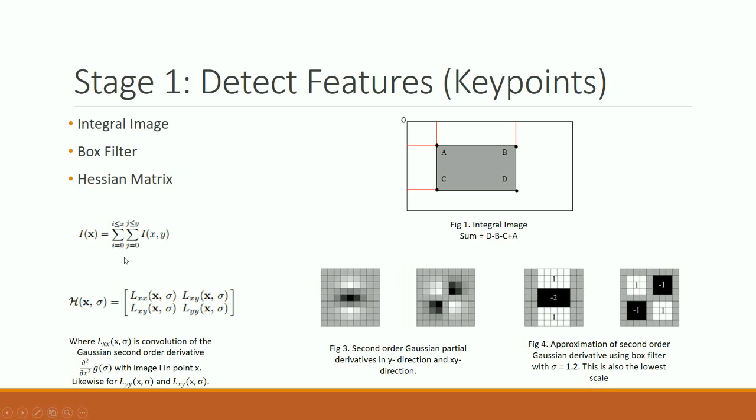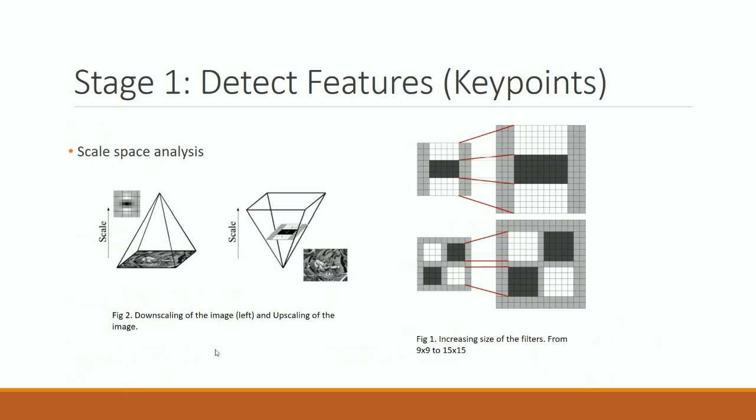This is a formula to calculate the value from the integral image, as we said. And this is a Hessian matrix, where L sub xx is the convolution of the Gaussian second order derivative with the image at point x. So with the help of the integral image and box filters, we approximate the Laplacian of Gaussian.